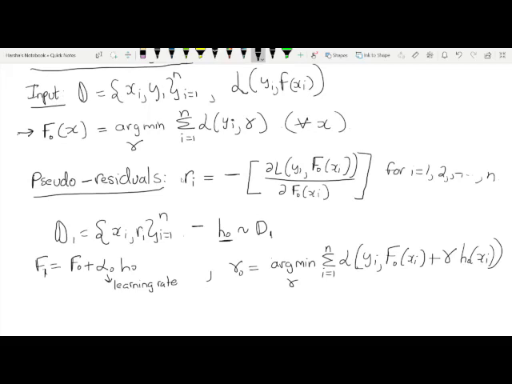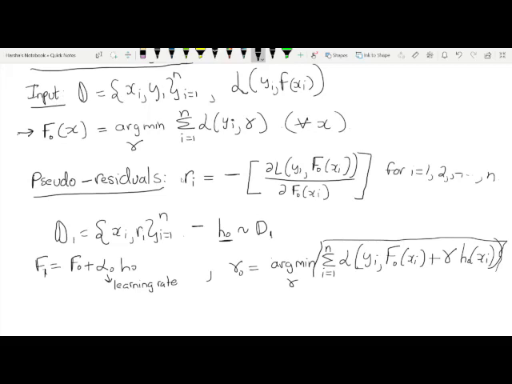In boosting, this alpha naught would have been a small value that you fix at the start before you start running your algorithm. But in gradient boosting, there's a specific way of choosing your learning rate at each step. For the first step, it's the gamma which minimizes this value.